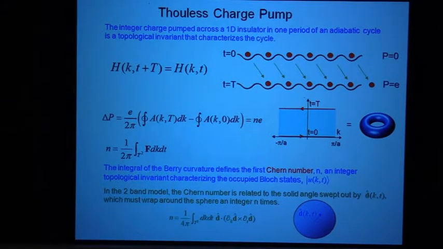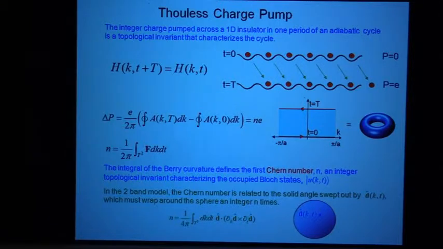And so clearly, what has changed in going from the start to the finish is you've changed the electric polarization. Now the Hamiltonian has come back to where it started. Okay, so the Hamiltonian is the same at the beginning and at the end, but the polarization has changed. And so, like I said, we can characterize the polarization by the Berry phase.